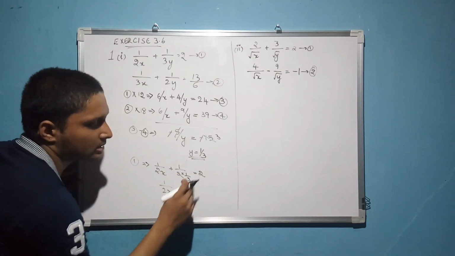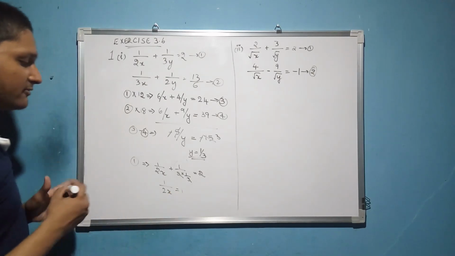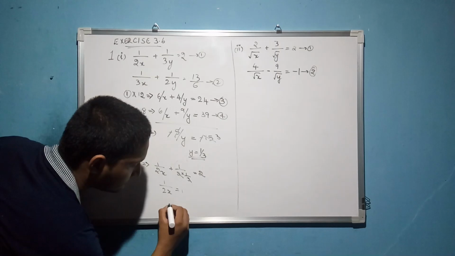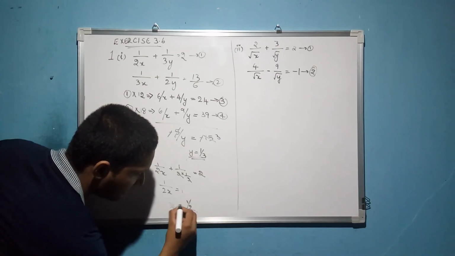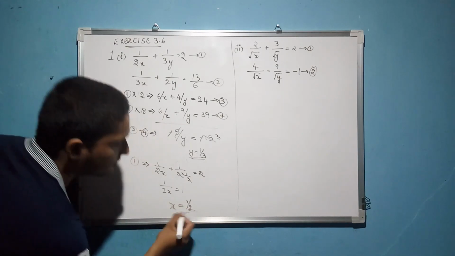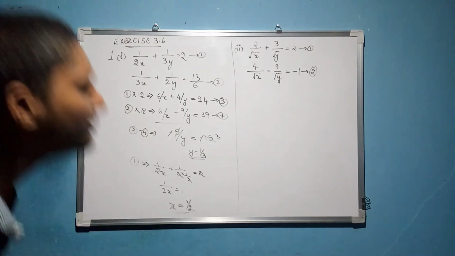So it is 2 minus 1. That comes to be 1. Okay, therefore x is equal to half. X is equal to half and y is equal to 1 by 3 is a solution of this pair of linear equations.